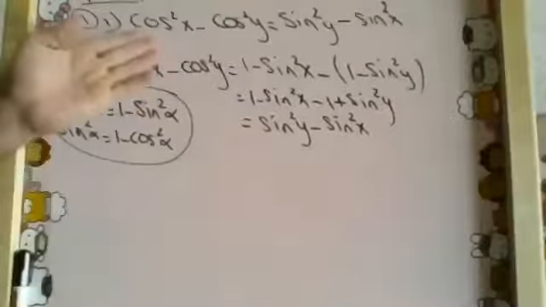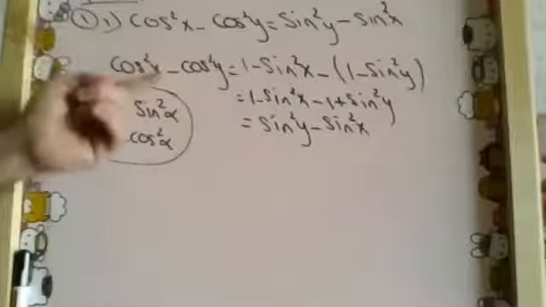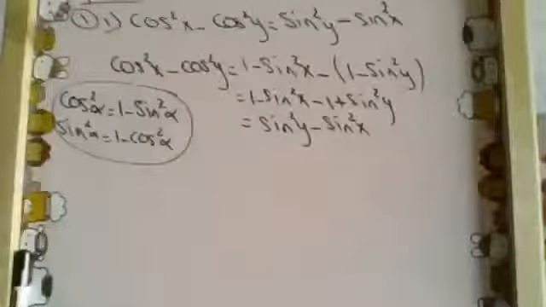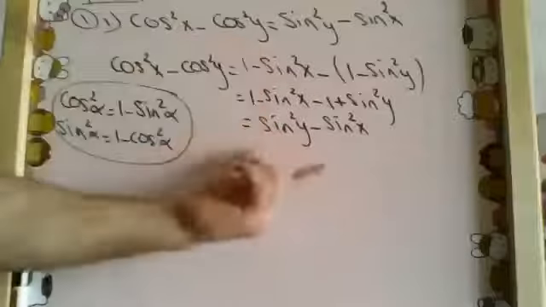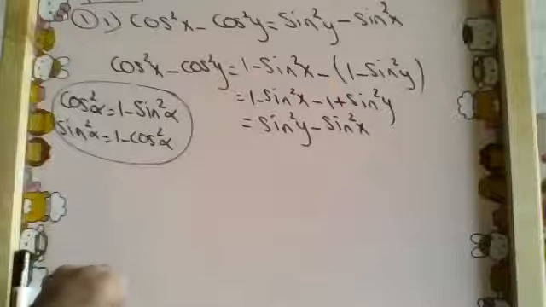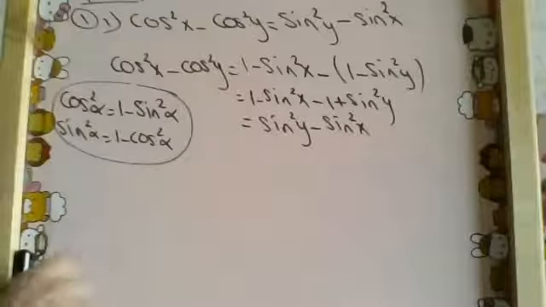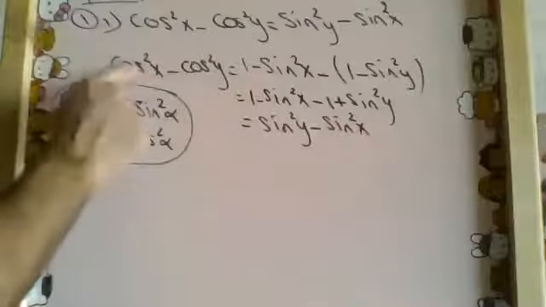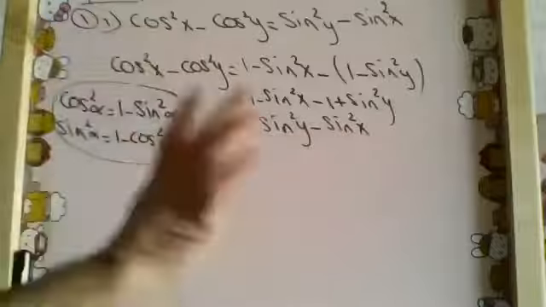Here I started from the left side, cosine squared x minus cosine squared y, and I get the right side. So I have proved here that the left side is equal to the right side.